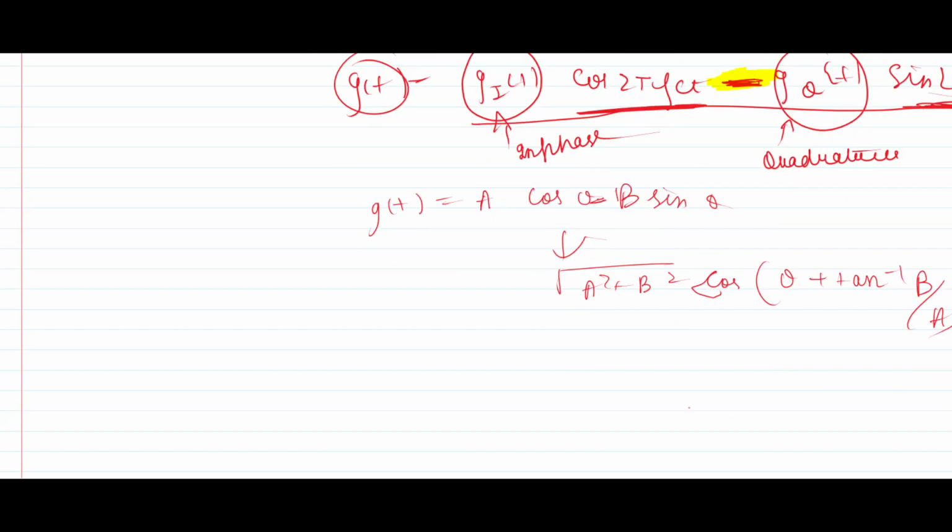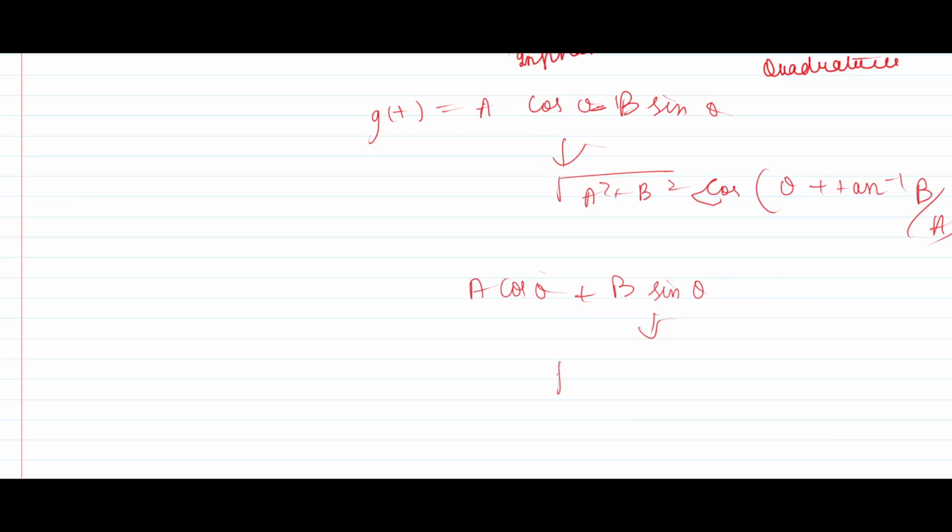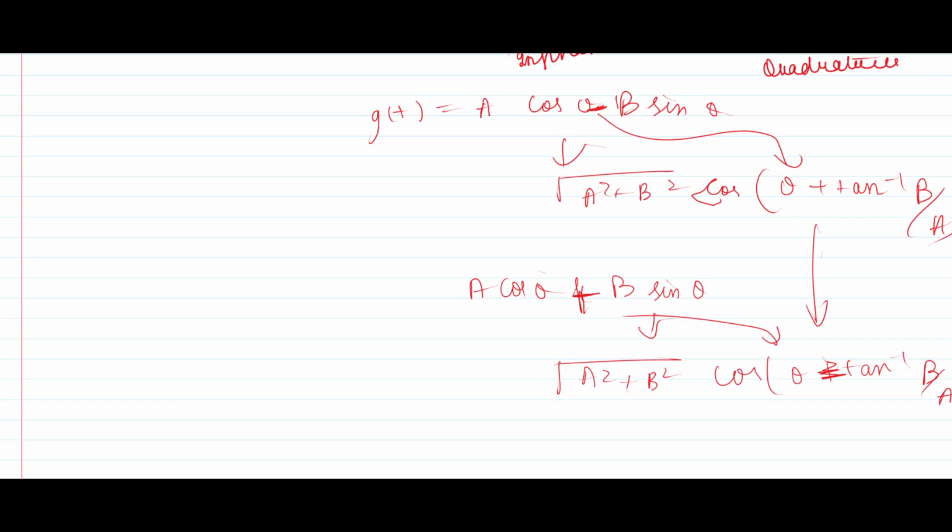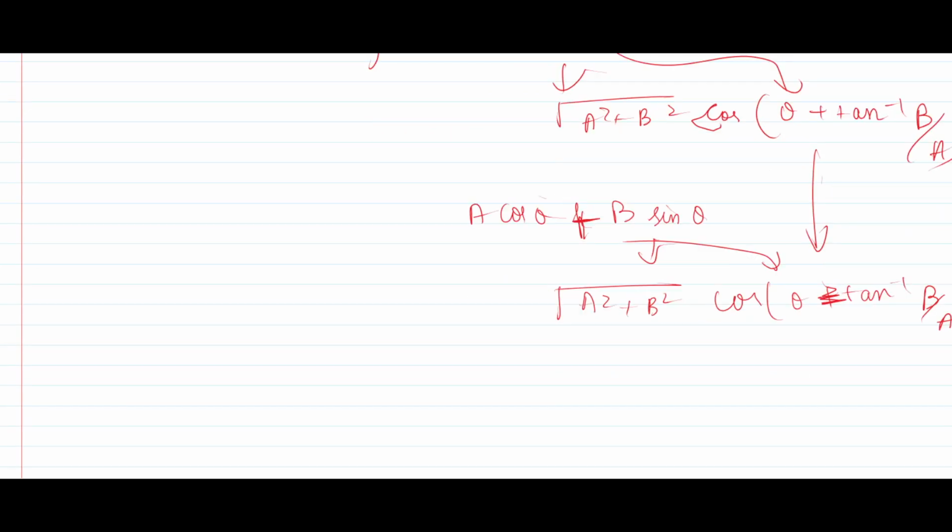And if it is A cos theta plus B sin theta, it can be converted as under root A square plus B square cos of (theta minus tan inverse B upon A). Plus becomes minus here; if minus is here, we get plus. It is simple. So now you have understood how to find the in phase and quadrature component.